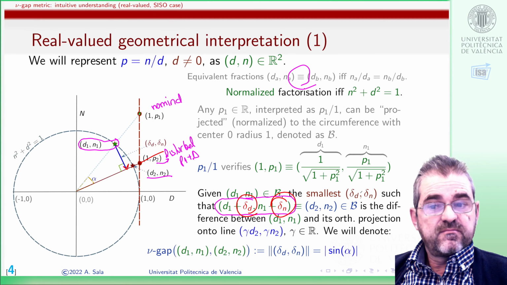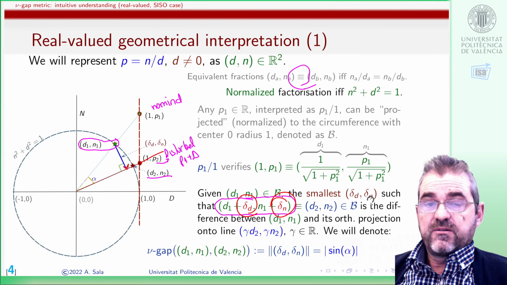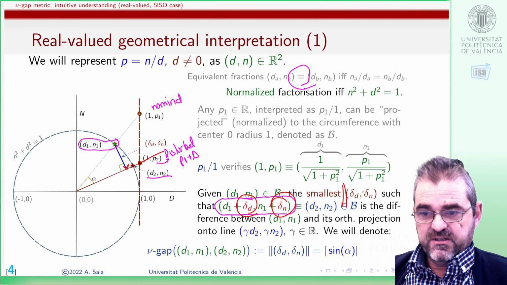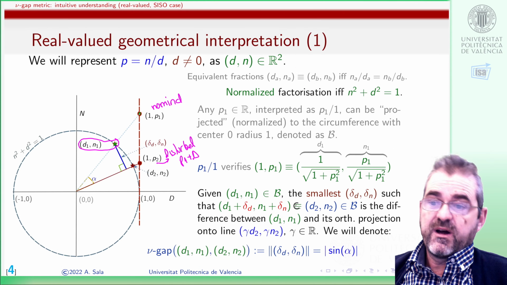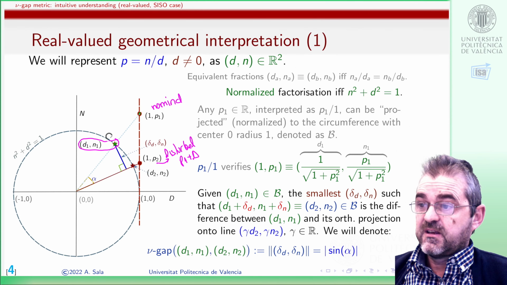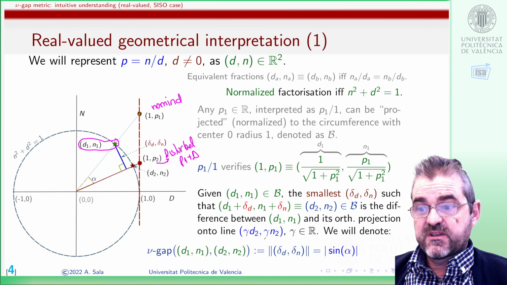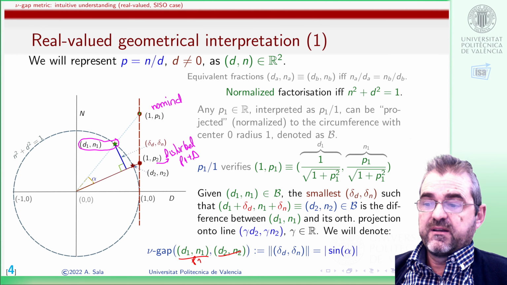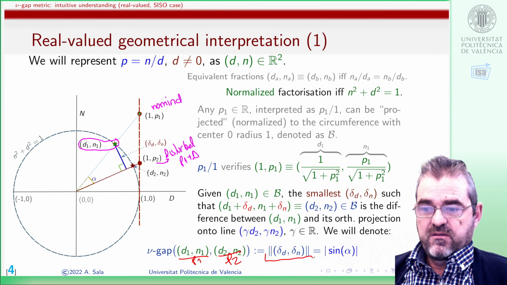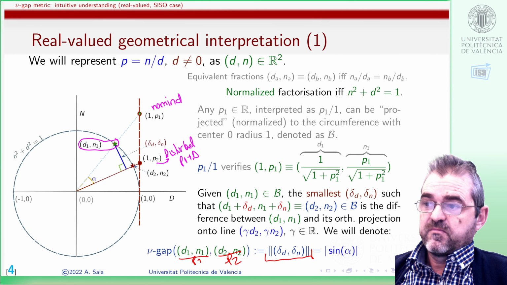The smallest perturbation to the green star, the smallest in Euclidean norm, such that I transform P1 onto P2 is the distance of this segment, and that will be called the nu gap between P1 and P2, the norm of this vector.